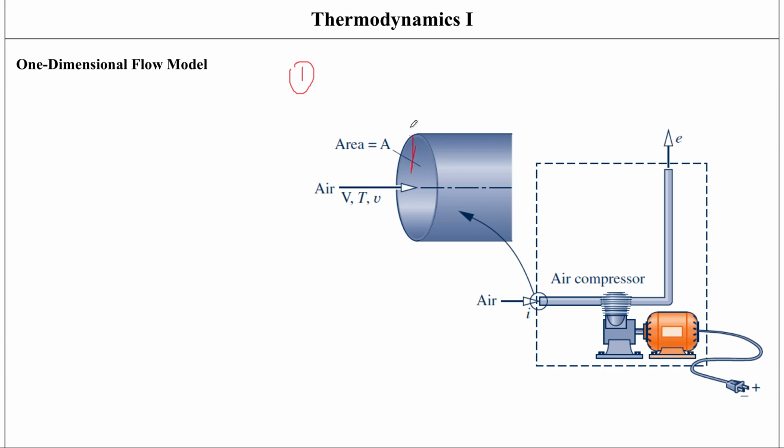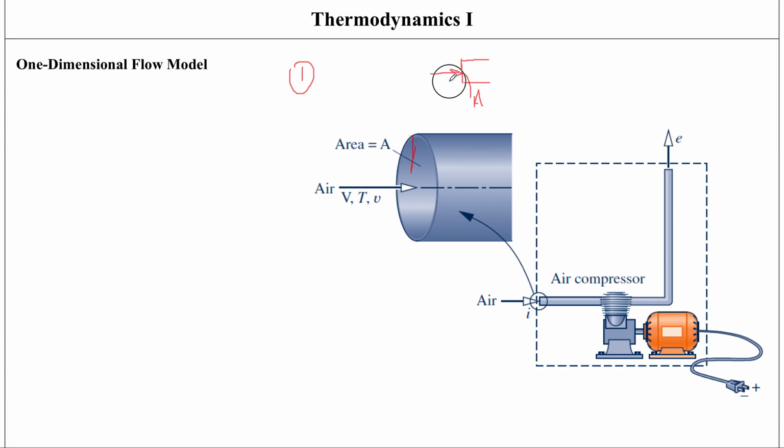If I was looking at it in, let's say, 1D, this would be my cross section, right? So you can see it in 3D right now. I'm representing it in 1D here. It's the same inlet. It has the same area over here.